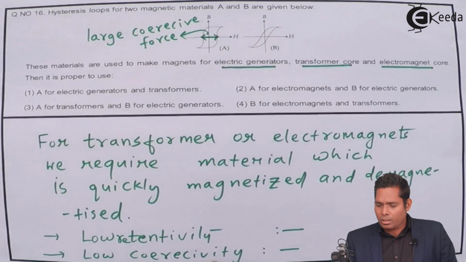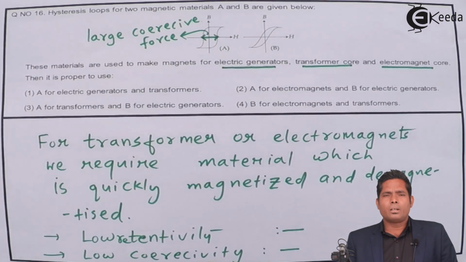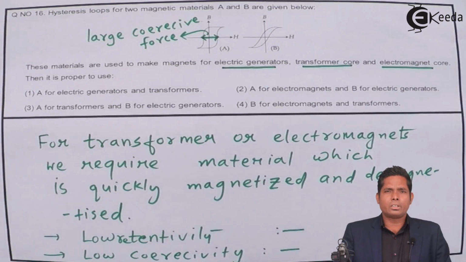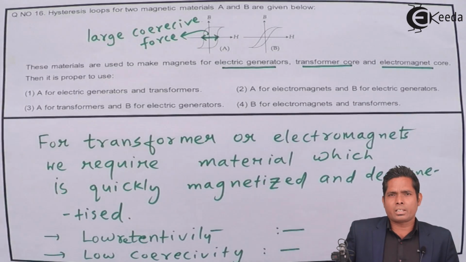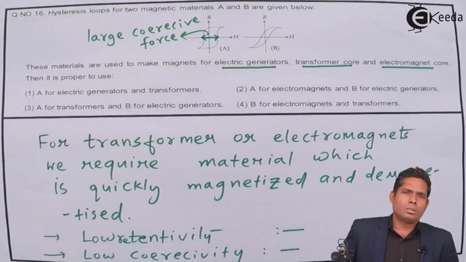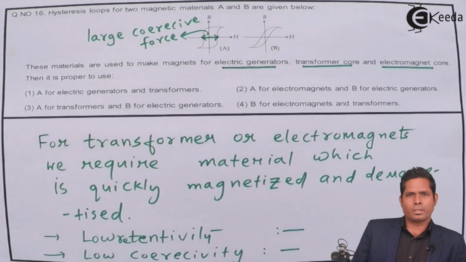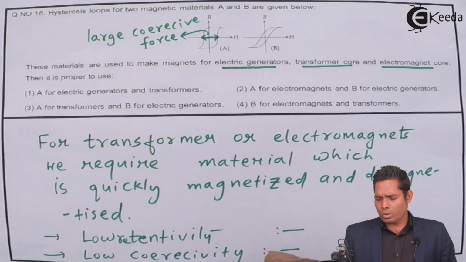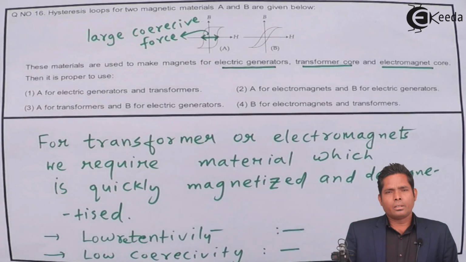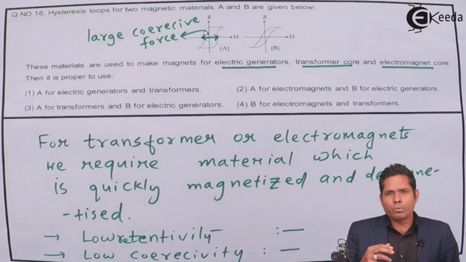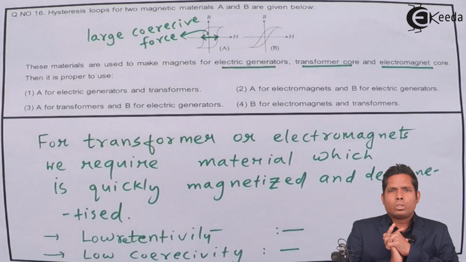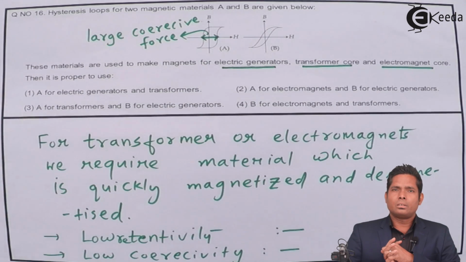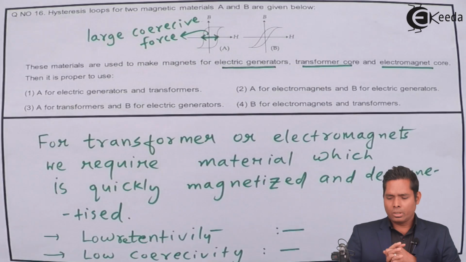Low coercivity means it's the intensity of the applied magnetic field which is responsible to help remove the magnetism. It is like making the material surrender its magnetic property.